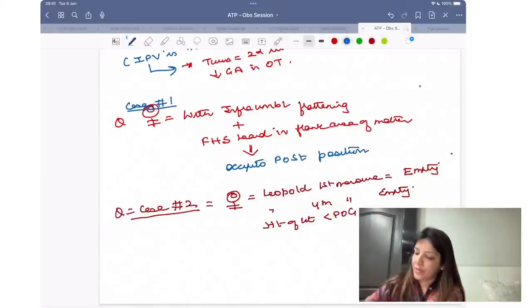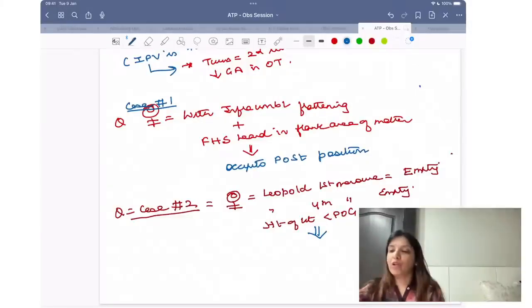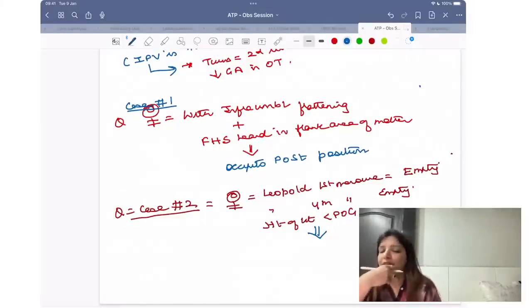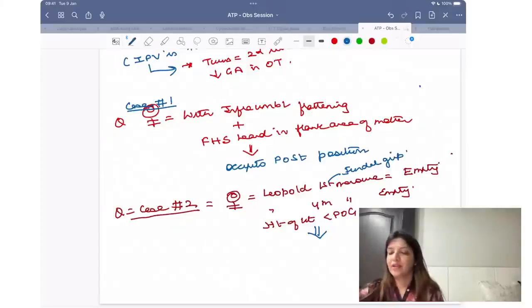This is your case number 2. Leopold's first maneuver empty, Leopold's fourth maneuver empty, and height of the uterus less than POG. Yes, Leopold's first maneuver is fundal grip. Instead of this, they can write fundal grip, empty. What is your diagnosis?